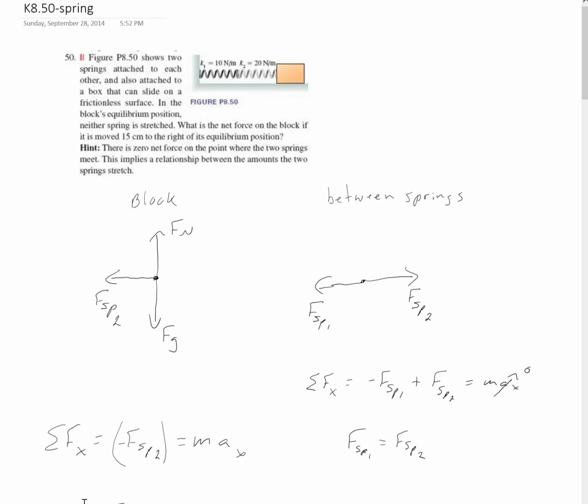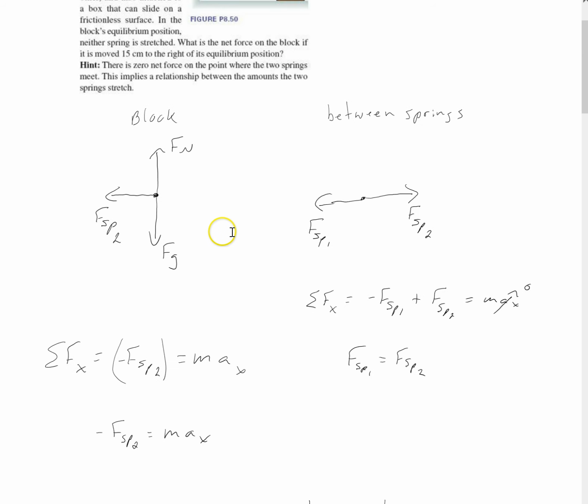We had 2 springs that are going to be acting on the block, though they both don't touch the block. What happens is they stretch different distances because they have different spring constants. So to start with, we drew 2 force diagrams, one of the block, and the net force on the block is just spring 2. It's the unbalanced force acting on the block in the x direction.